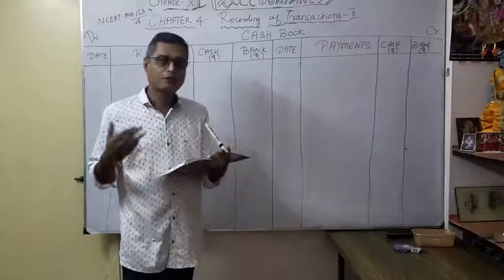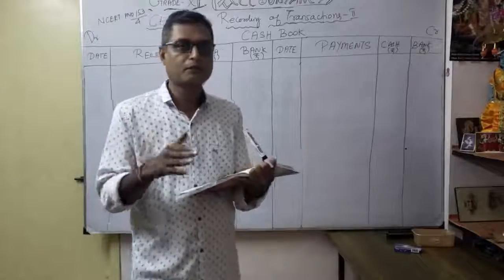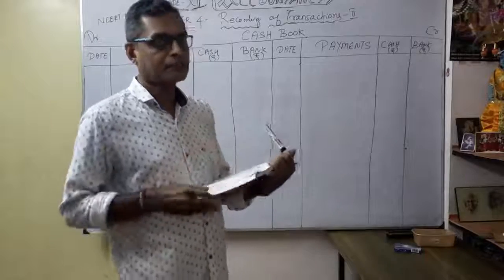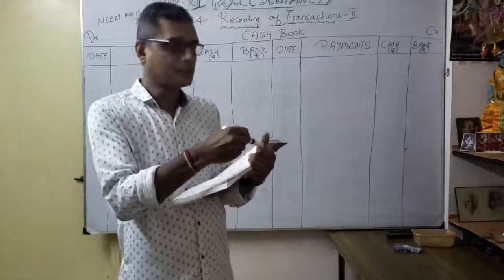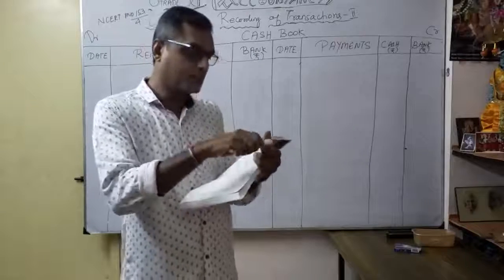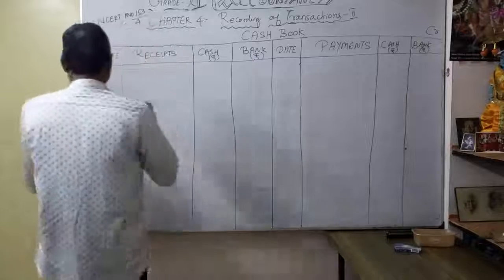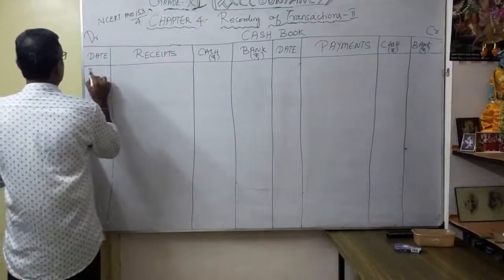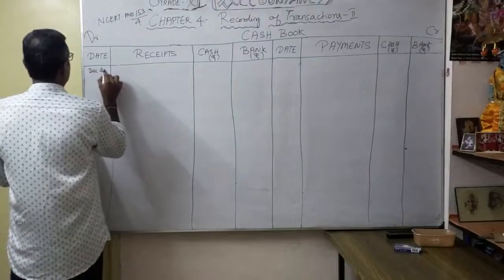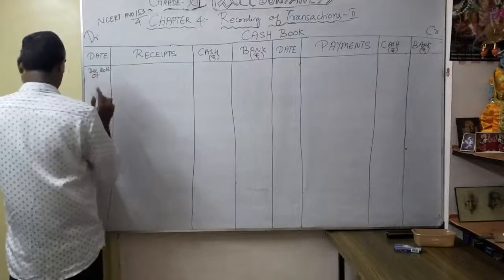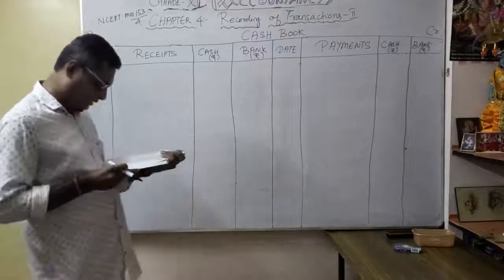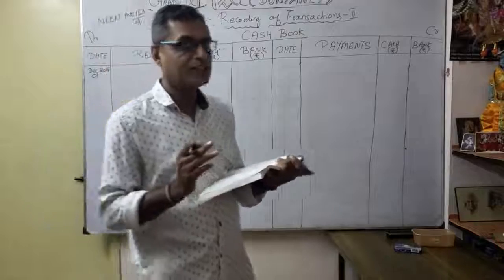You know, first you prepare the journal entry, then you do the posting in the cash book. So what is the journal entry? Cash account debit to capital account, because we started the business. So we are going to write December 1, 2016. Started business with cash. So you are dealing with cash.